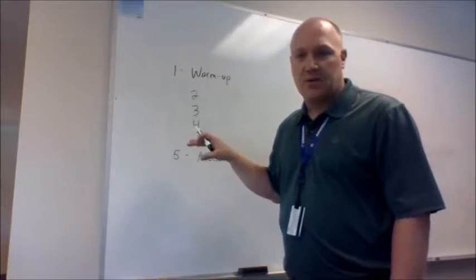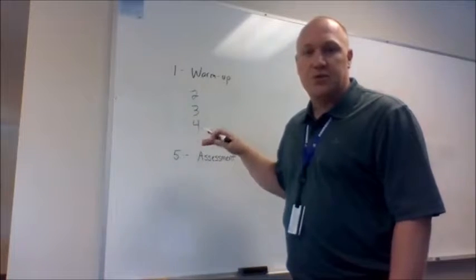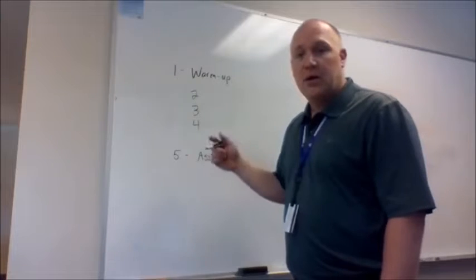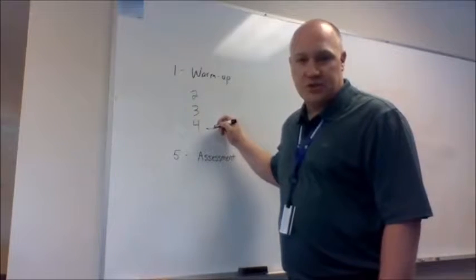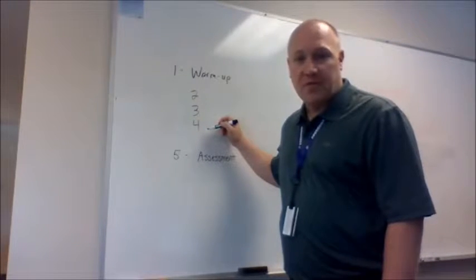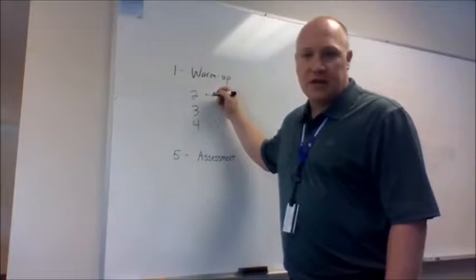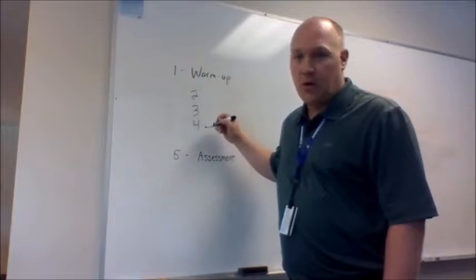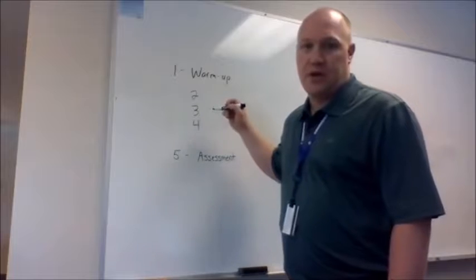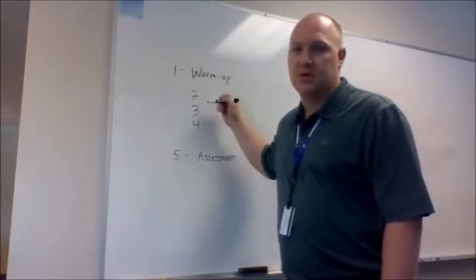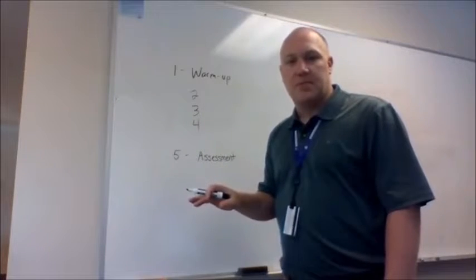However, in a flex model, students can choose the path as well. So they could choose to start with activity 4 and then move to activity 2 and 3, or do number 3 first and then move to 4 and then back to 2. It is completely up to them.